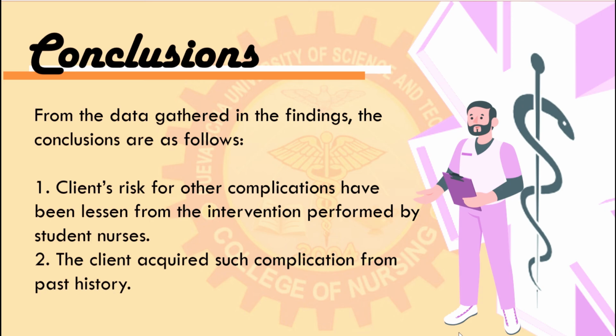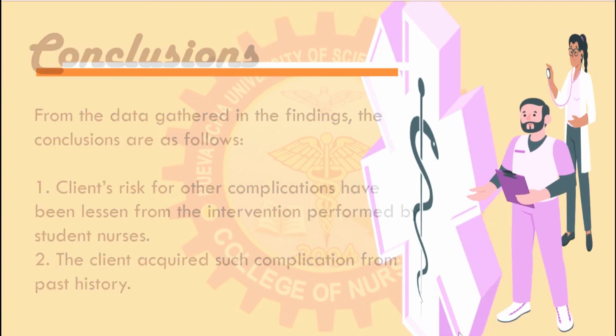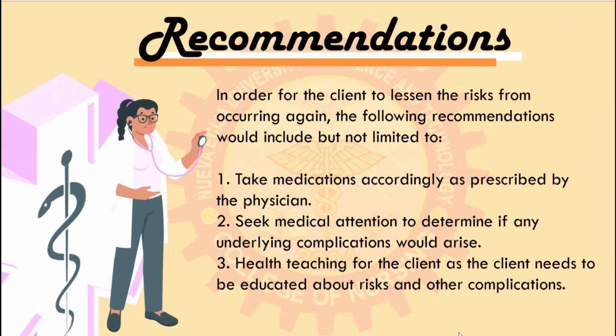Conclusions. From the data gathered in the findings, the conclusions are as follows. Number 1, the client's risk for other complications have been lessened from the interventions performed by student nurses. And number 2, the client acquired such complications from past history. Further recommendations.